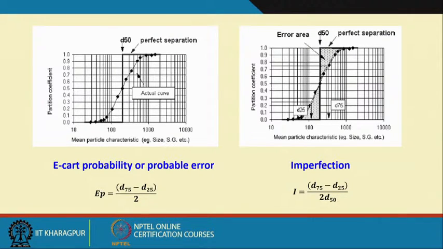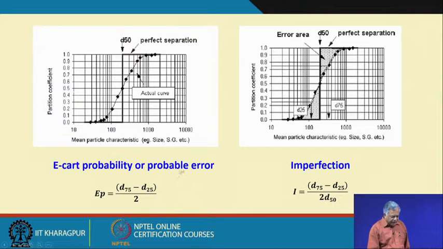So this Eckert probable error is defined as EP, which in short form we write for Eckert probable error, equal to D75 minus D25 divided by 2. There is also another definition, called the imperfection.